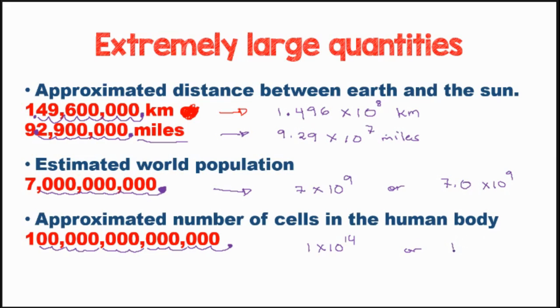Or, again, if you come up with 1.0 times 10 raised to the 14th power, that is also correct. Later on, we are going to talk about precision. I think we are going to talk about precision next week. So you will have an idea on how many decimal places you are going to use in certain problems.